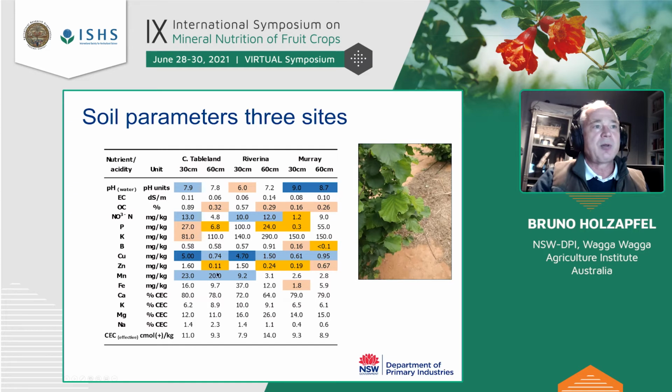There were high copper levels in the tablelands and the Riverina, but most likely it has to do with sprays. But there are also some really low levels of phosphorus in the tablelands, Riverina and Murray. And the carbon was slightly too low in a number of locations.